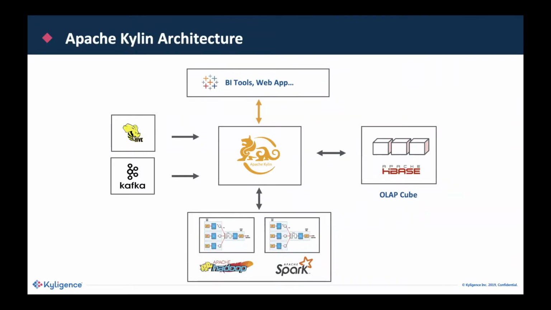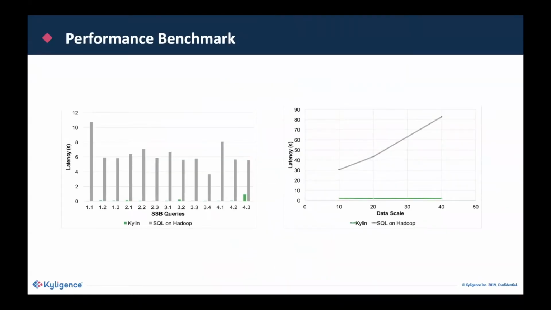Earlier, we talked many times about how Apache Kylin can provide ultra-high query performance. So here we have a benchmark result. Just want to give everyone a simple impression. This benchmark was performed on the SSB dataset using Kylin and Hive for comparison tests. The figure on the left shows the response time of each query.